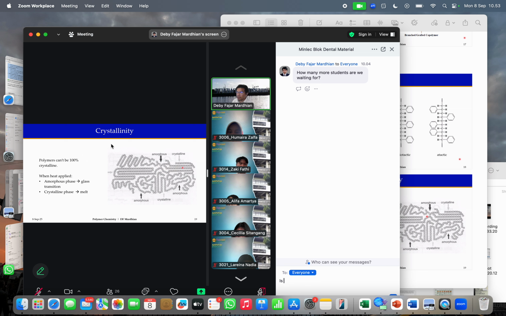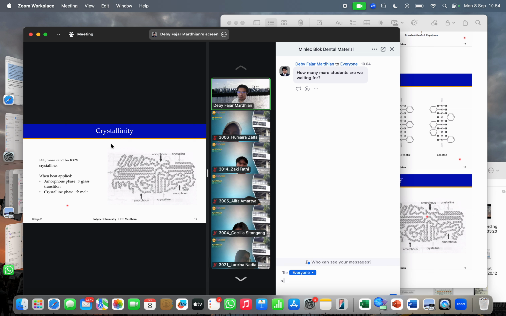However, when the molecules are placed in a neat way, arranged properly, very closely, very packed, we may have some higher crystallinity. So here amorphous, here amorphous, here amorphous, here crystalline, because they're arranged in a very neat and close pack. Here also crystalline.